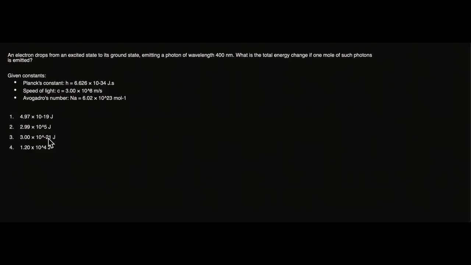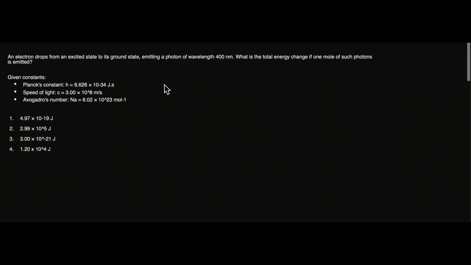But before completely eliminating 1 and 3, let's do some math. Okay? So you might be familiar with this equation right here, which is the energy of 1 photon. And so here basically the first step would be finding out the energy of 1 photon.